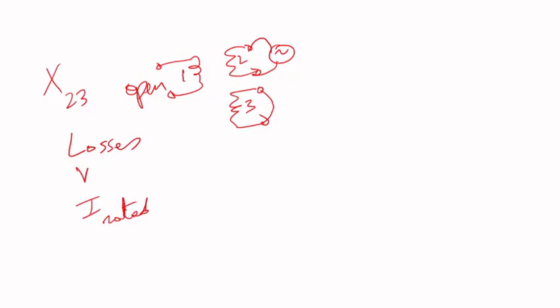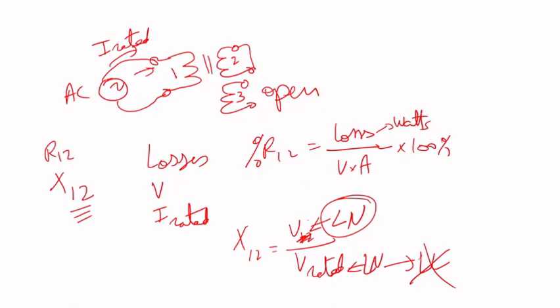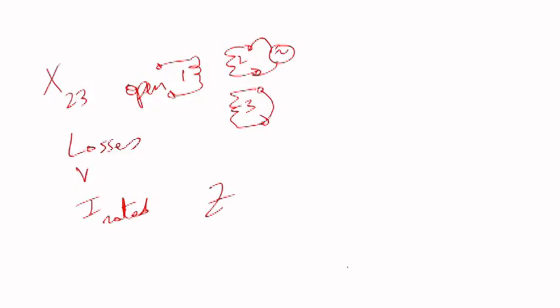If somehow you could not apply a rated current, then you have to, because then, sorry about that. You're going to measure the total impedance actually between, in this case, 2 to 3.